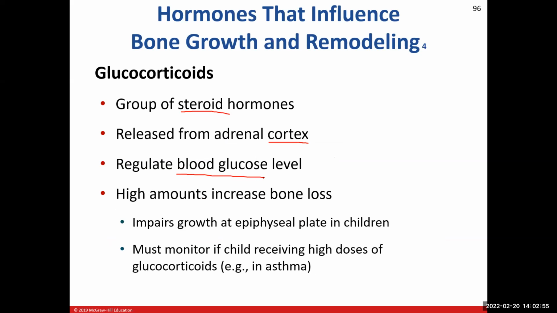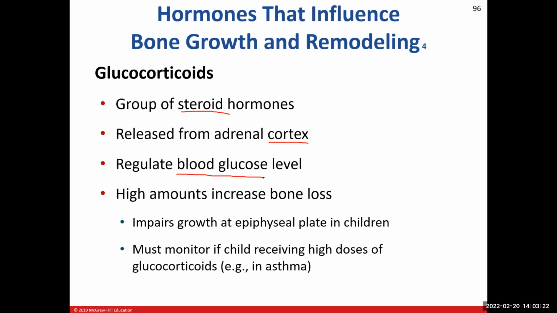Insulin is going to decrease blood glucose levels, whereas glucocorticoids are going to increase blood glucose levels. Sometimes folks have to take certain medications that are steroids or glucocorticoids. Cortisol is a hormone produced naturally by your adrenal cortex.